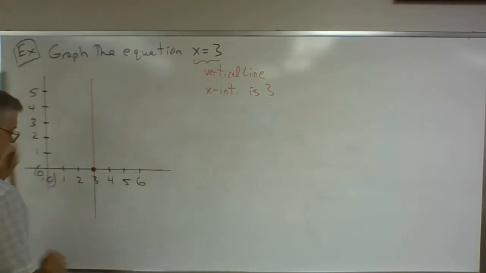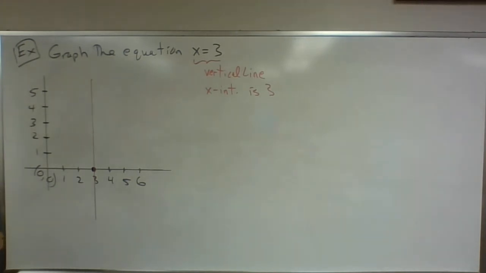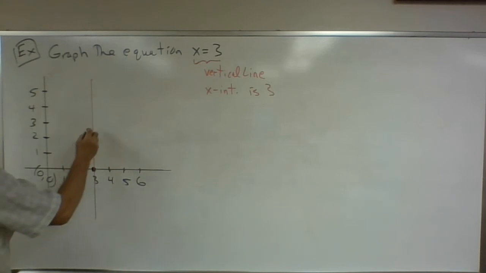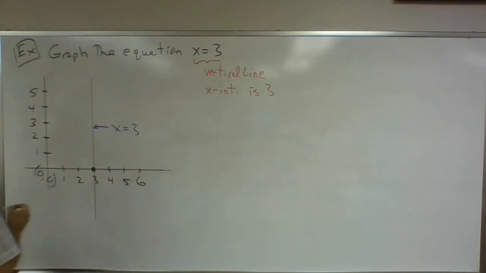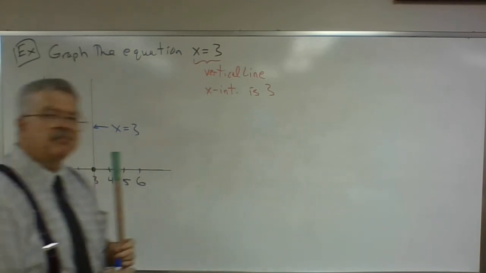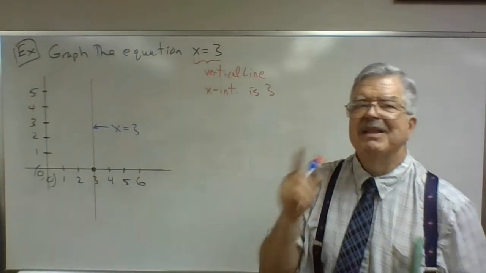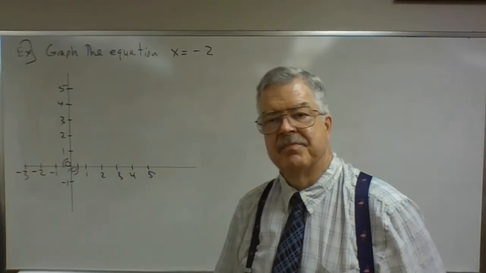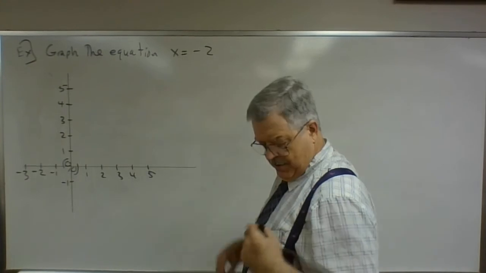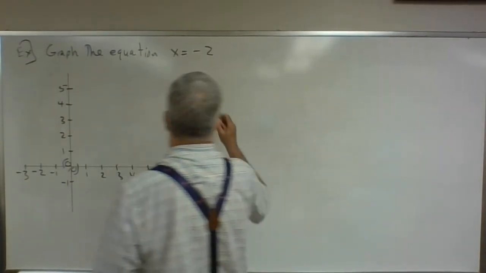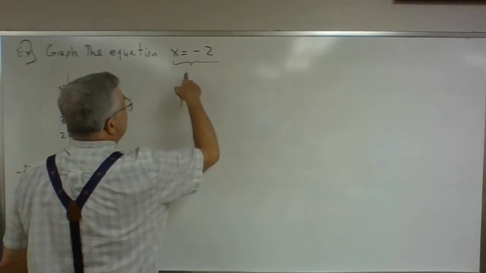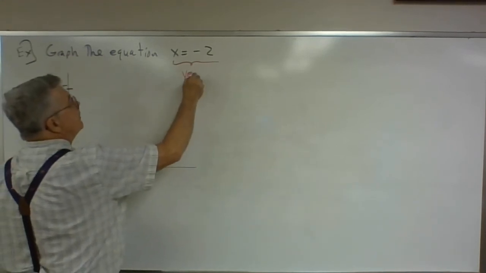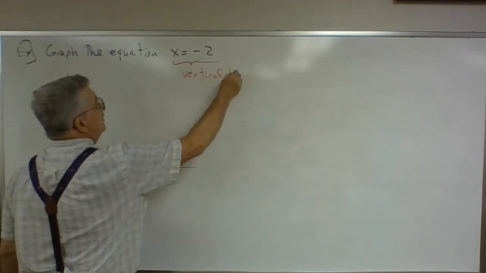Okay. There we go. This is the graph of the line whose equation is x equals 3. We're done. Let's do one more. Graph the equation x equals -2. First thing we realize, it's a vertical line.